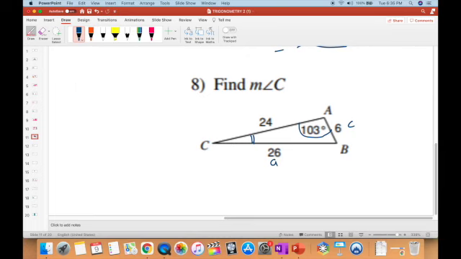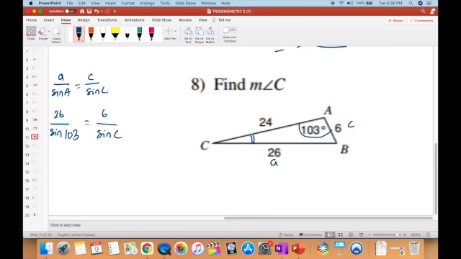So the sine rule now, I have A and I have C. So I could say that A over sine A is equal to C over sine C. Right? I have A, which is 26, all over the sine of A, which is the sine of 103, and that is equal to C, which is 6, all over the sine of C, which is what I want to find.